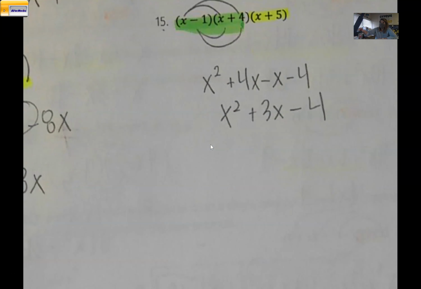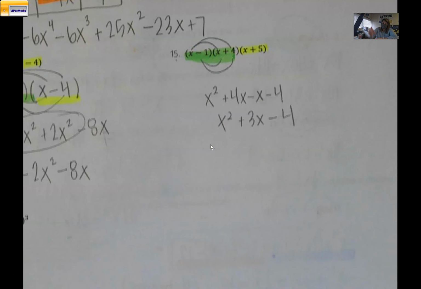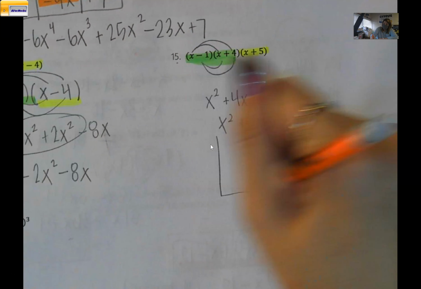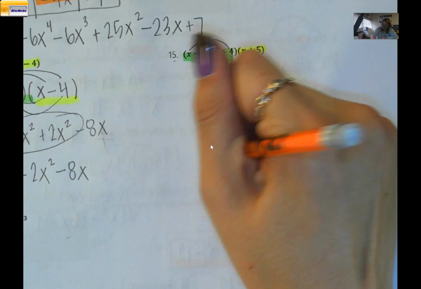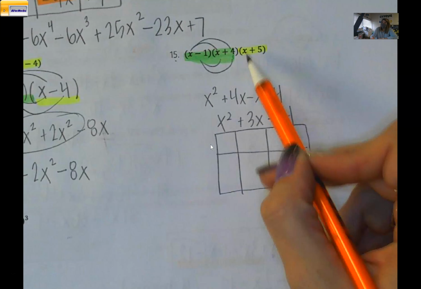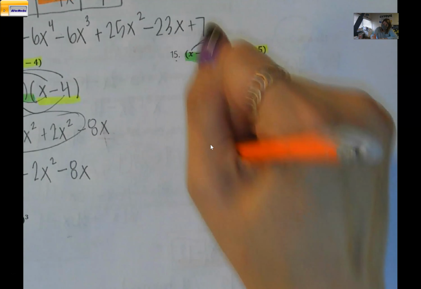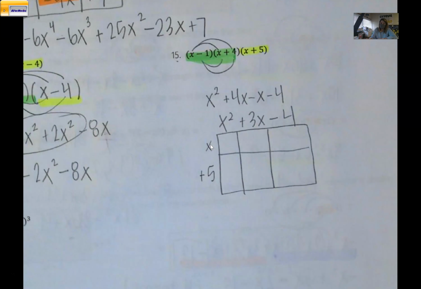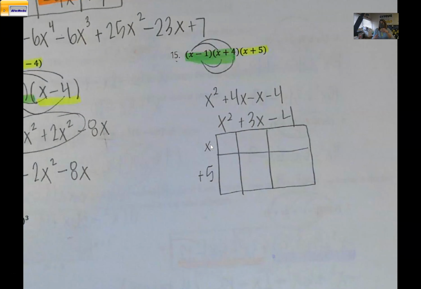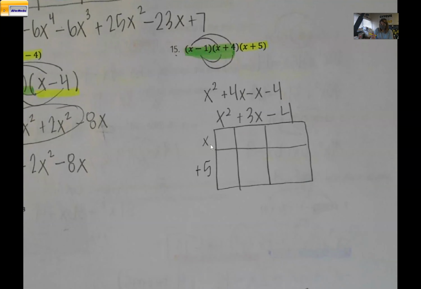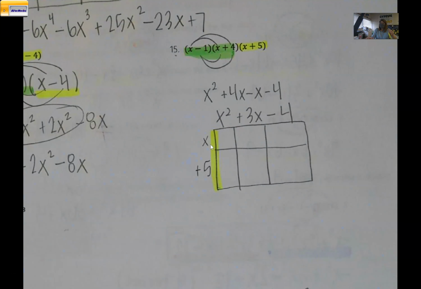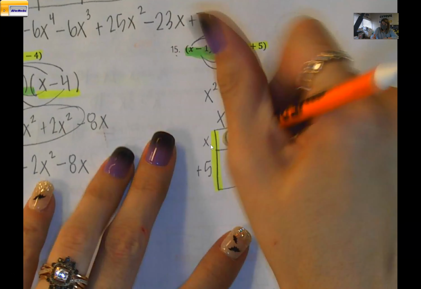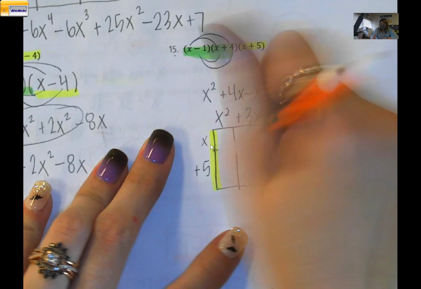So at this point, what I would do is make a box. And I would write now this x and plus 5 down the side. That's not a very even box I got going on here, but it'll work. Do you guys see what's happening here?